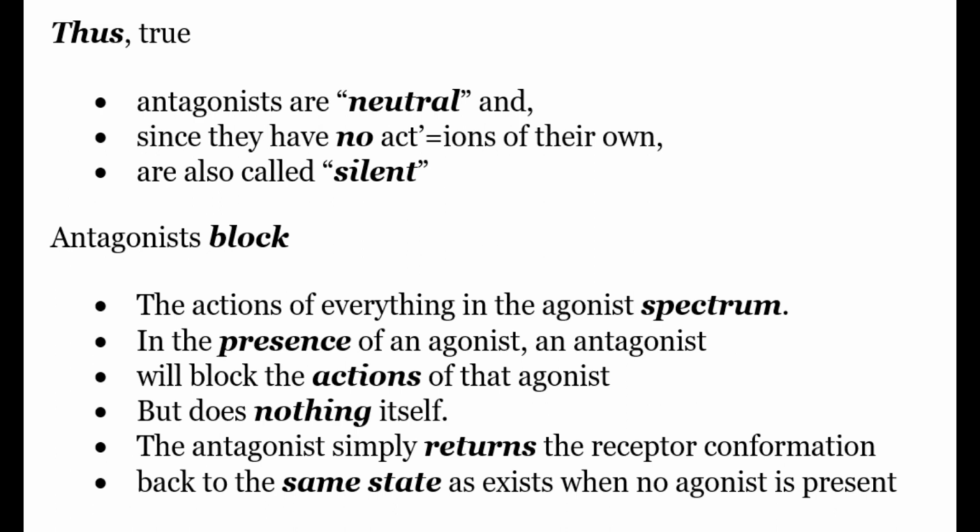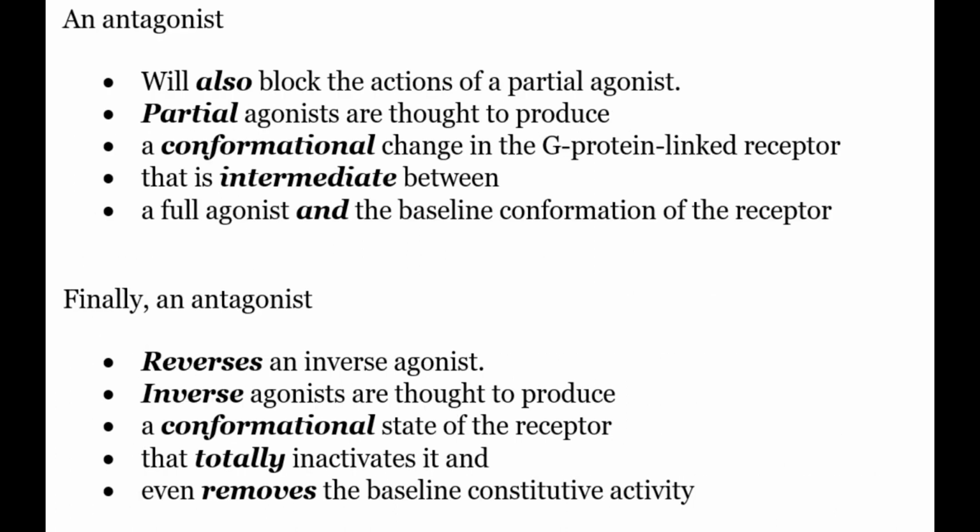In the presence of an agonist, an antagonist will block the action of that agonist, but does nothing itself, as previously stated. The antagonist simply returns the receptor conformation back to the same state as exists when no agonist is present. An antagonist will also block the action of a partial agonist.